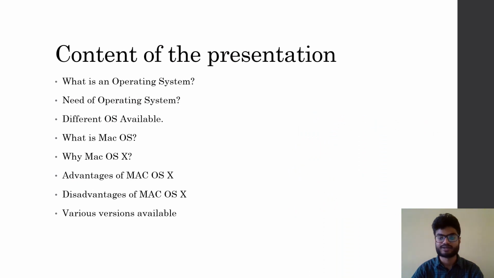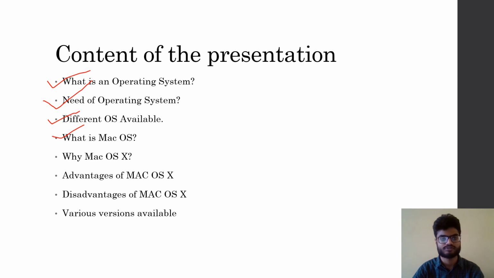So here's the content of today's presentation. First, we will discuss what an operating system is, by seeing its definition, and then we will see the need of an operating system, like what functions it performs inside the computer. Then we will see different types of operating systems available in the market today, and then we will see Mac OS or Macintosh operating systems.